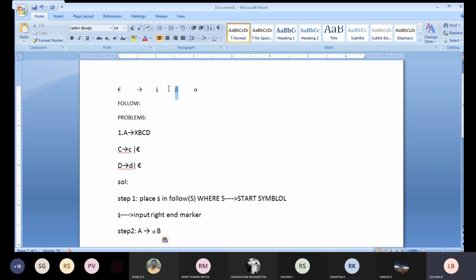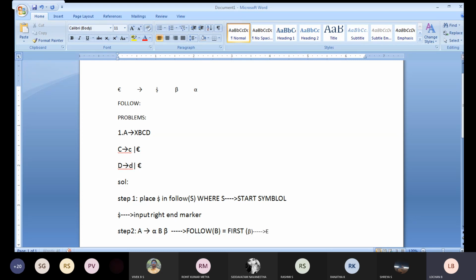Whenever the production is of the form A implies alpha B beta, what we will be doing is follow of B, which is equal to first of beta, and we will substitute the value except epsilon.